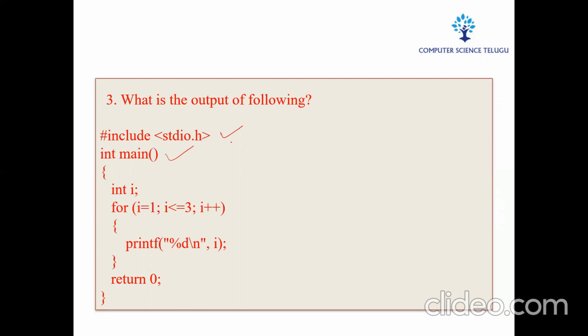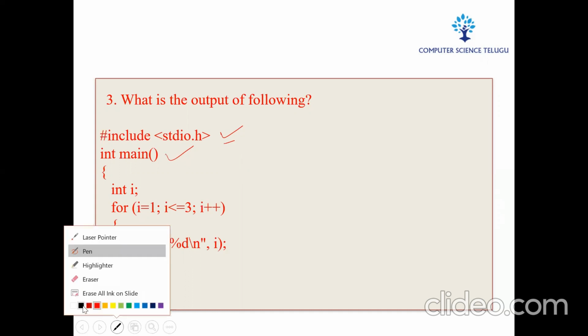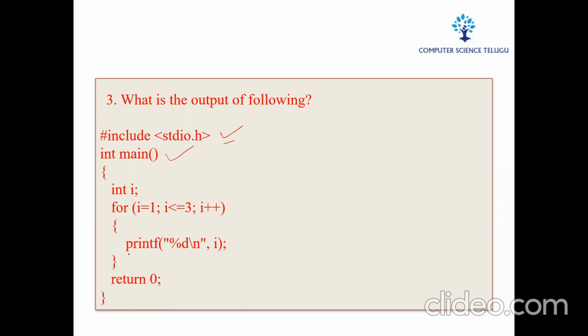Hash include stdio.h is the standard input output header file. We mention it because we are using scanf and printf; in fact, in this program we are using only printf. Remember, when you use printf or scanf in a program, you must use hash include stdio.h. So what is this int main?